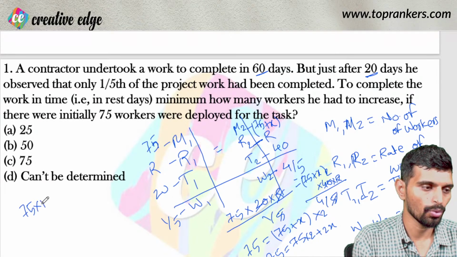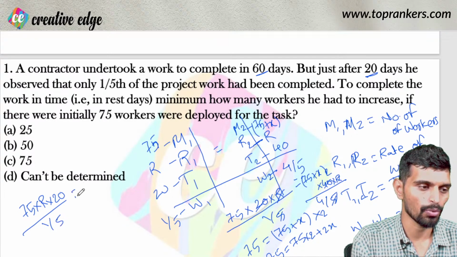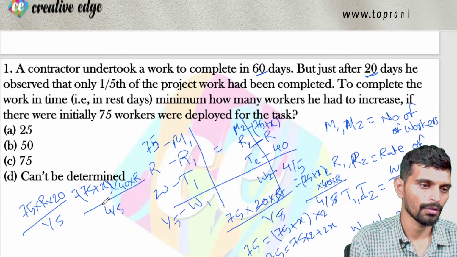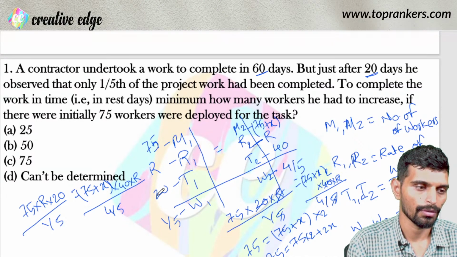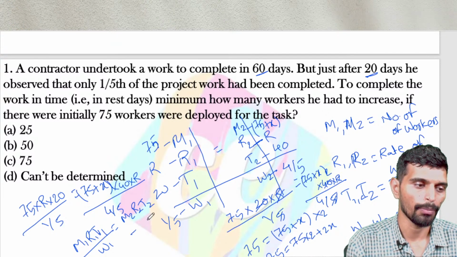75 into R into 20 upon 1 by 5 is equal to 75 plus x into 40 into R divided by 4 by 5. M1 R1 T1 divided by W1 is equal to M2 R2 T2 upon W2.